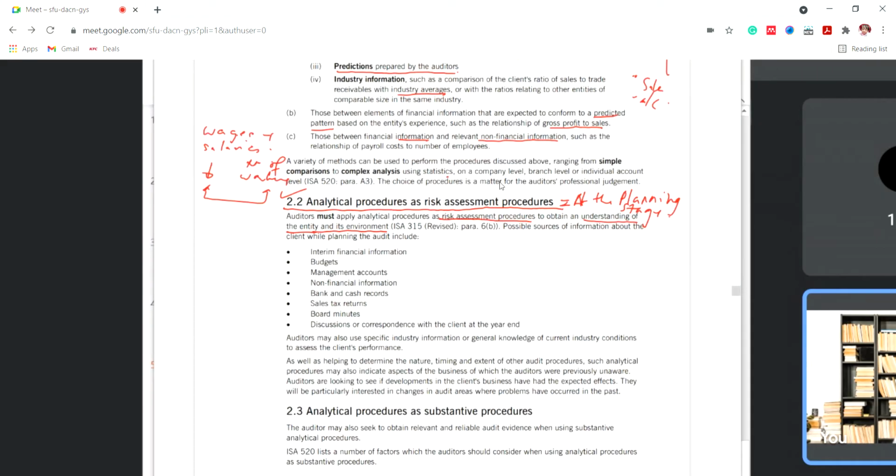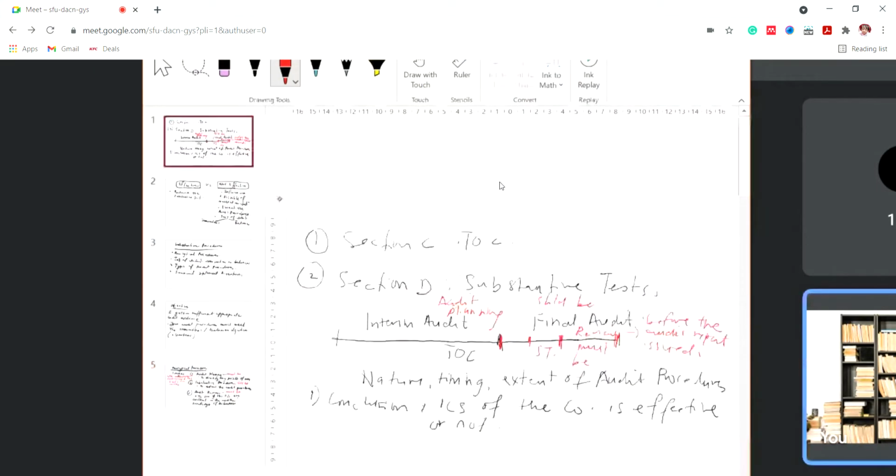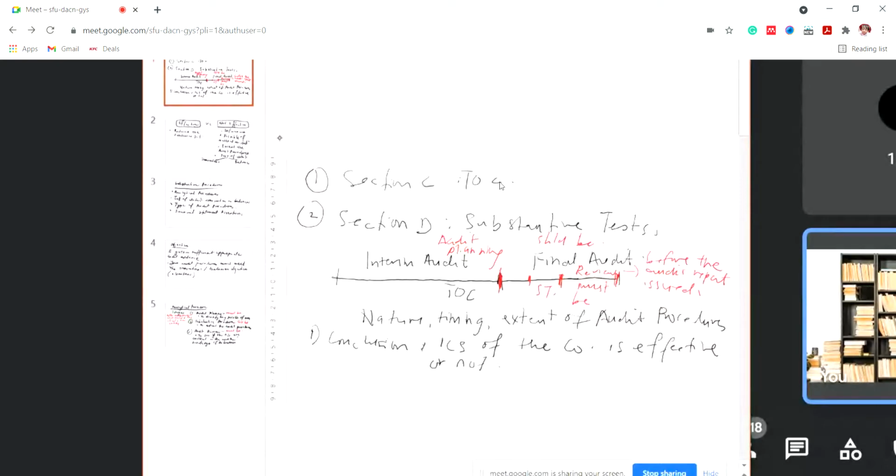Okay, so what are your sources of information? You can use the company's interim financial information. So use Q1, Q2, Q3, Q4 information. Why do you need to use Q1, Q2 and so on? Because you are at the interim audit, and the complete financial statement does not come out yet.